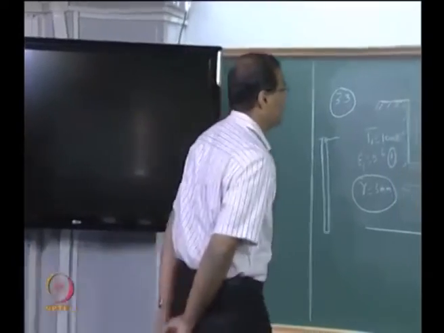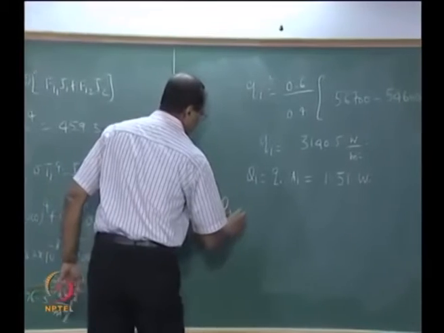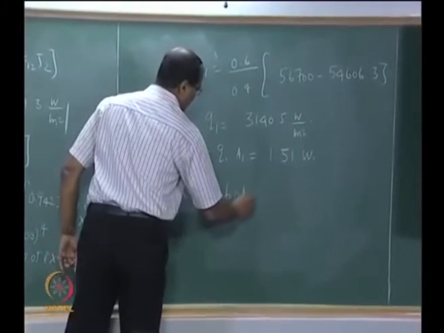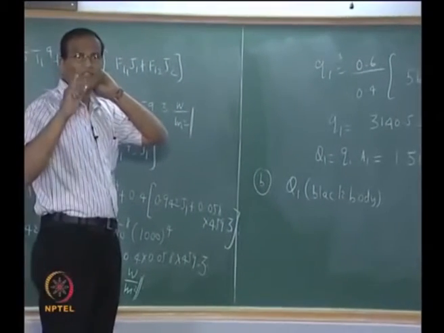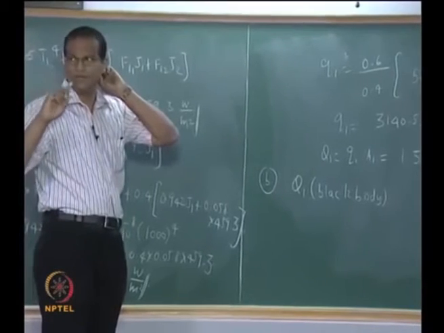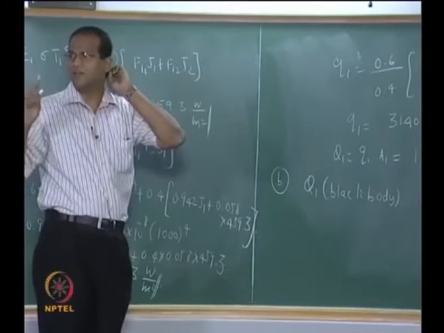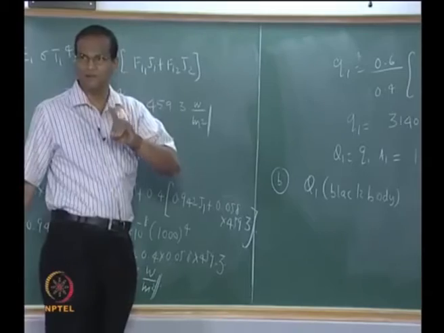Now as far as part B is concerned, what will be Q1 for the black body, that is the opening, there is a 6 mm diameter surface which is having a temperature of 1000 Kelvin, which is radiating to outside at 300 Kelvin, correct.